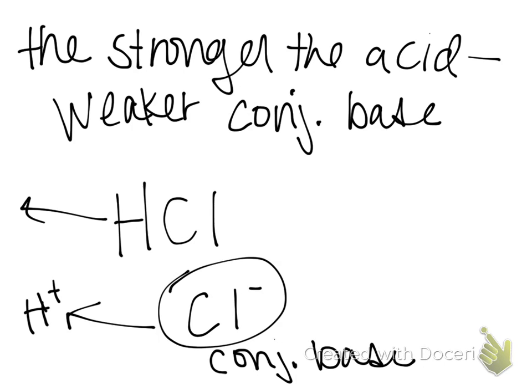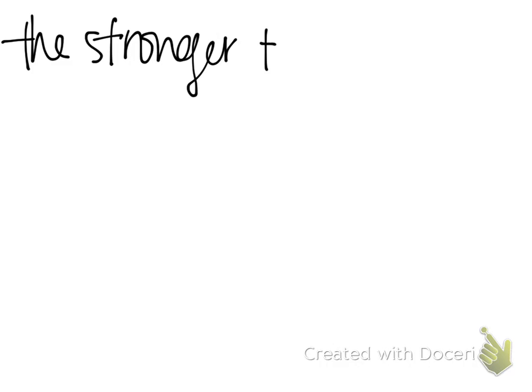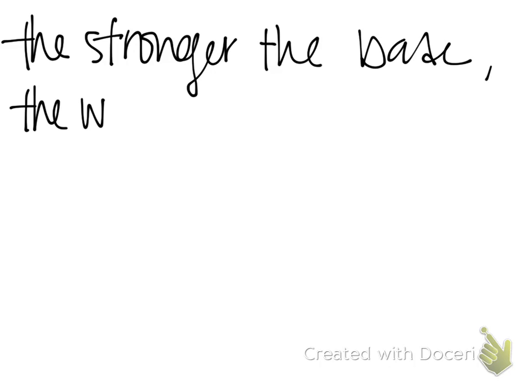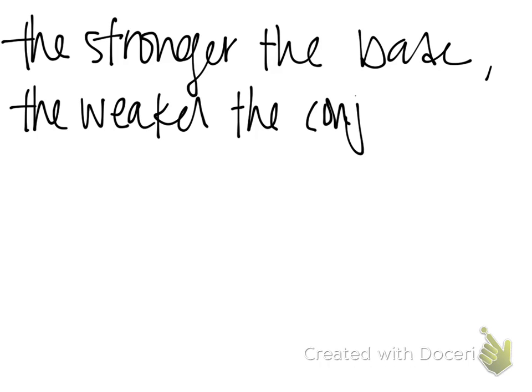This goes vice versa as well. So the stronger the base, the weaker the conjugate acid. Strong base, weak conjugate acid, and it just works like a sliding scale in between.